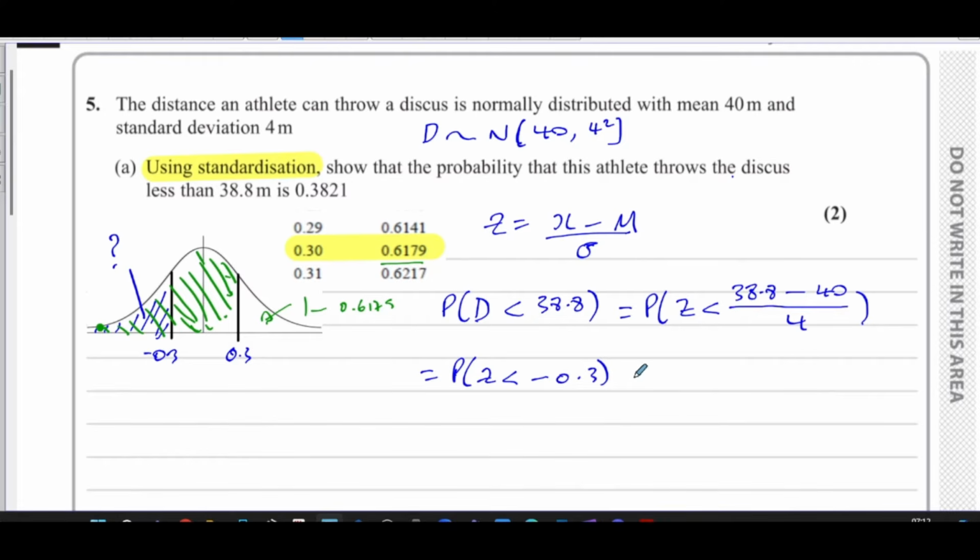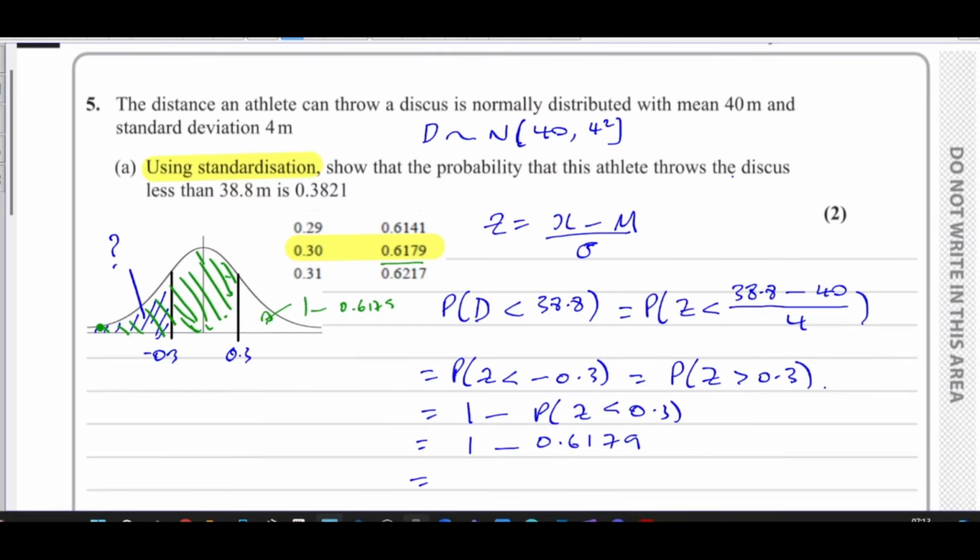If we want to write our steps nice and neatly, we can say that this is the same as the probability that Z is greater than 0.3, which is this area over here, which is equal to 1 minus the probability that Z is less than 0.3. Why do we have to do that? Because that's what the table tells us. It doesn't tell us that. So that's 1 minus the probability that Z is less than 0.3, which is 0.6179.